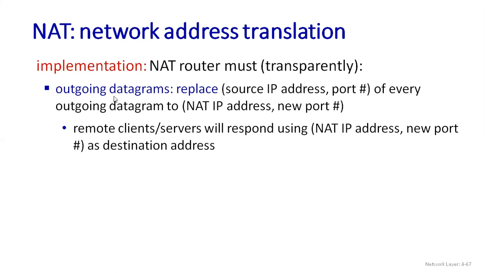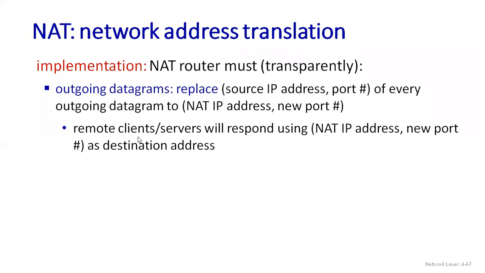If you want to replace your outgoing datagrams, in your program you have to replace the source IP address and give the port number. For every outgoing datagram, you have to link it with the NAT IP address with a new port. If you write in this way, you can replace the new port number. These things you have to write in your program.